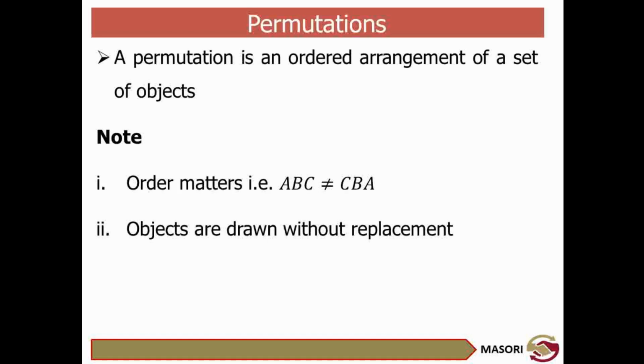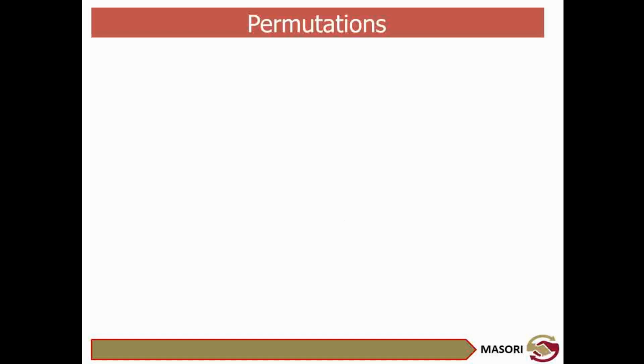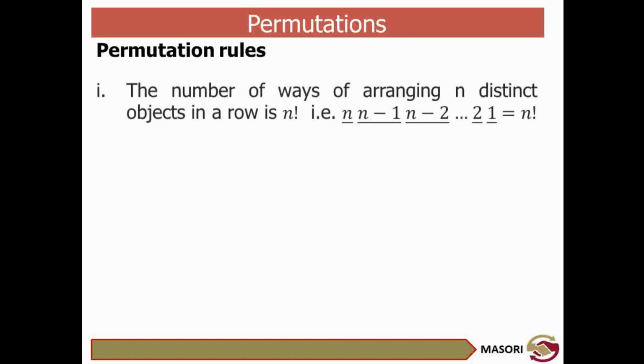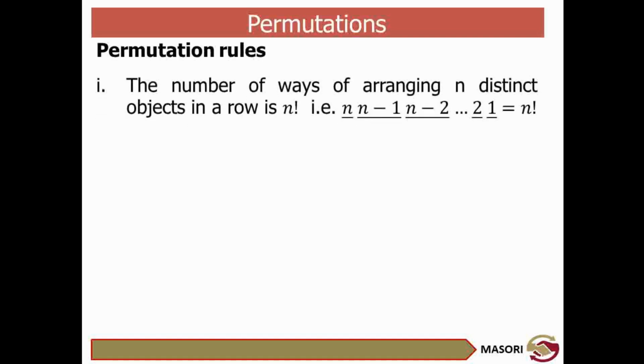Let's look at the rules that can help us understand or operate with permutations. The first rule is that the number of ways of arranging n distinct objects in a row is n factorial. Now, n factorial simply means n times n minus 1 times n minus 2 times n minus 3 and so on up to times 2 times 1.